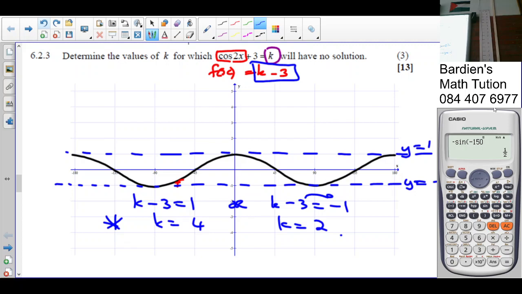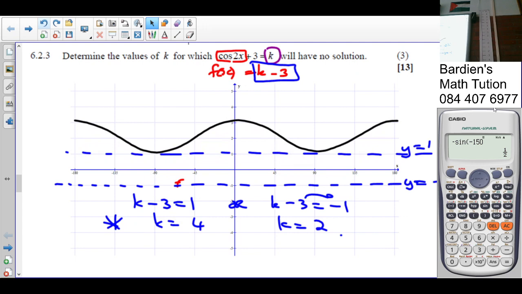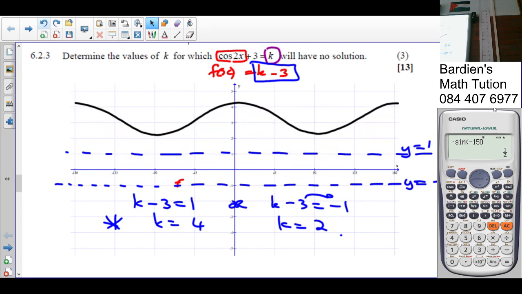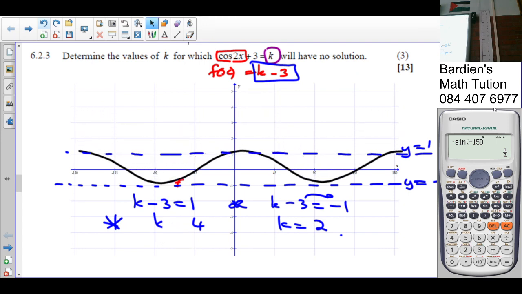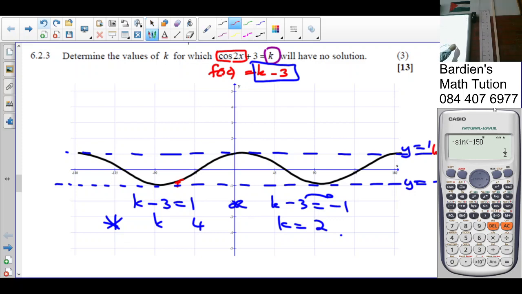But we need to know that anywhere between those values, it will have roots. So when will it not have roots? If this graph actually moves beyond that point. In other words, k minus 3 has to be greater than 1, or k minus 3 is less than negative 1.